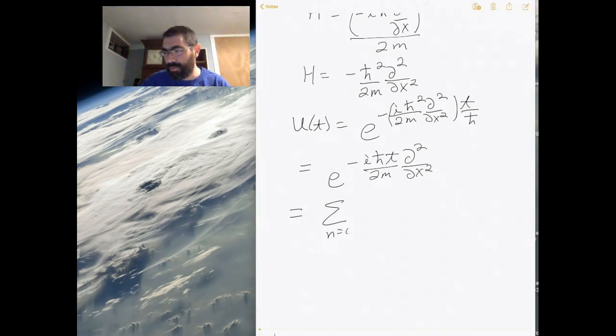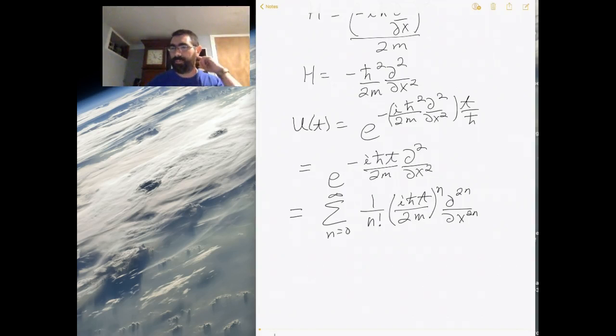So therefore, we have the sum of terms 1 over n factorial, i h bar t over 2m to the power n, and then the derivative taken to the n power. So the derivative, the 2nth power derivative.